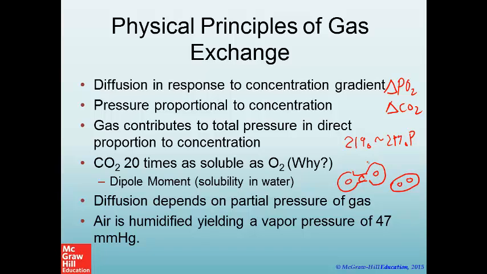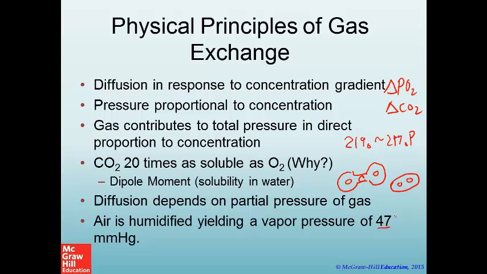One of the other considerations is that air is humidified as it travels from the air into your lungs. So that water is going to occupy a part of the gas. So there's going to be a partial pressure of water as well. And that's going to displace some of the oxygen and CO2.